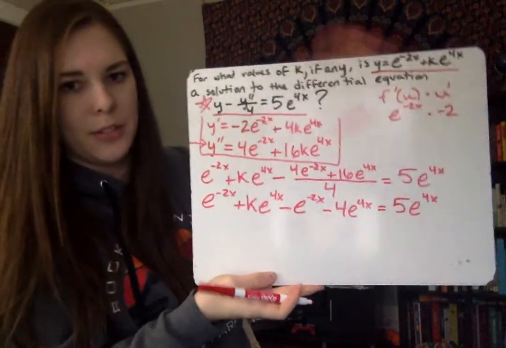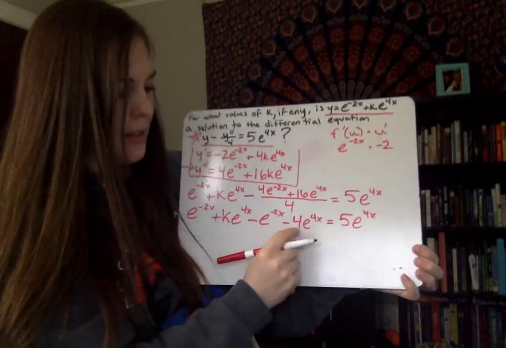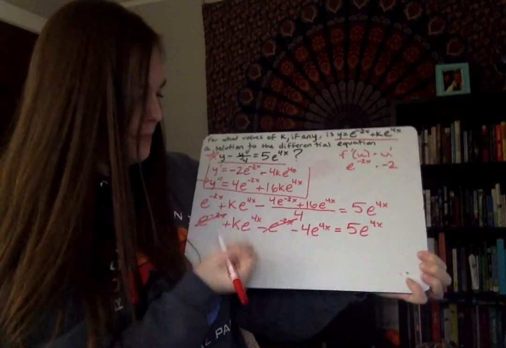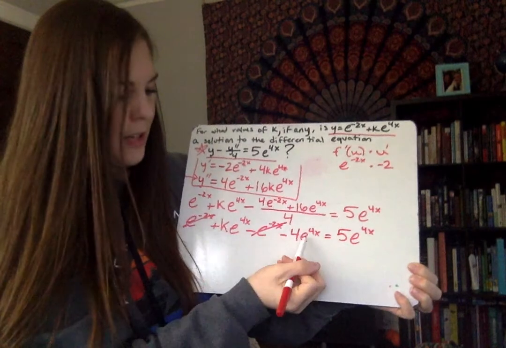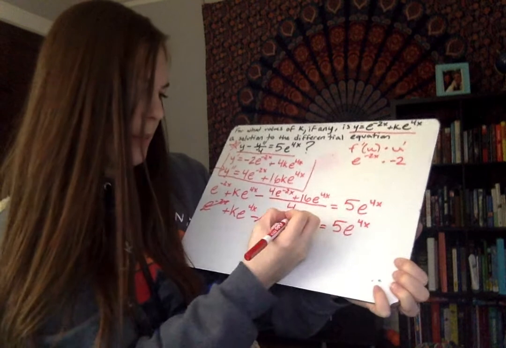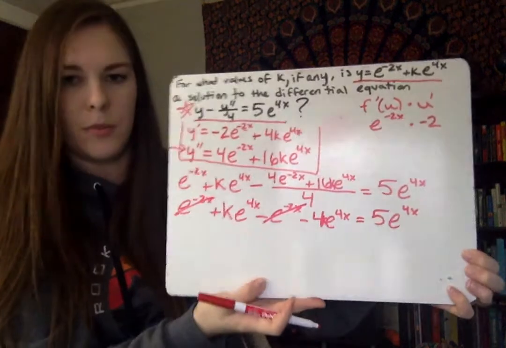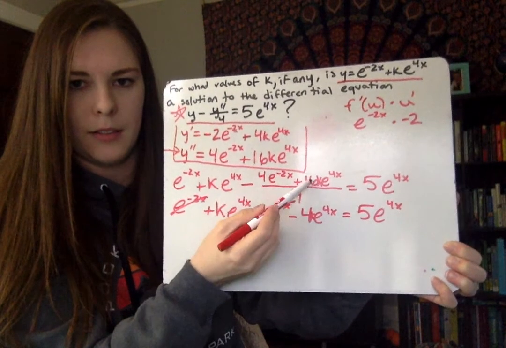Okay, now hopefully you guys are seeing what I'm seeing. Hey, look, we have opposites here. I have a positive e to the negative 2x and a negative e to the negative 2x, so those can go away. And because these have the same exponent, these are actually like terms. Oh, I'm missing a k here. Oops. You guys were probably freaking out. I just forgot to copy the k.